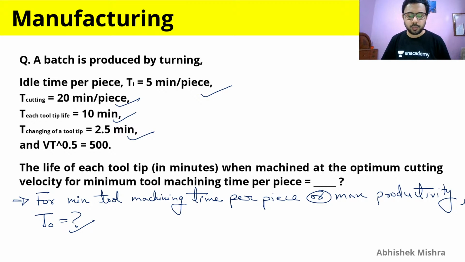So what we will be doing here is, why we have written maximum productivity here. First of all, I will discuss it, because minimum tool machining time simply translates into maximum productivity, because if the time will be minimum, there will be more production done. So maximum productivity is the other way to say this.